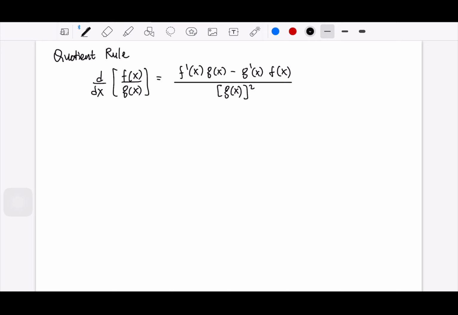Okay. To set up the rule, similar to the product rule, we can let the big F be like this, and this becomes our f of x divided by g of x. And then set up our definition using the limit.